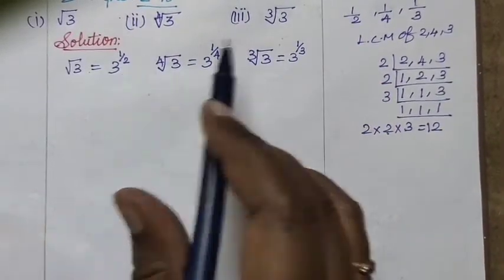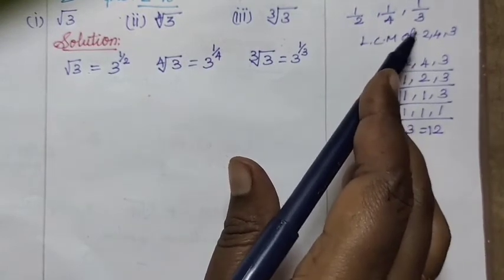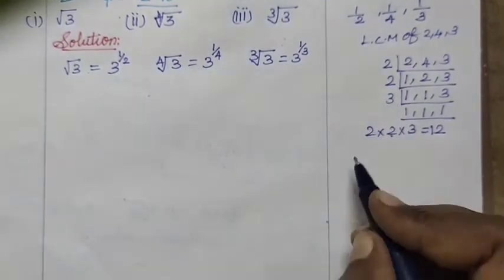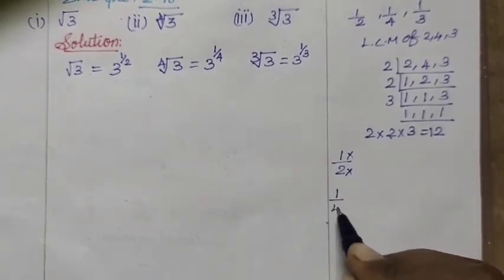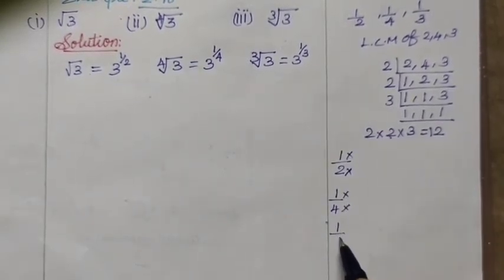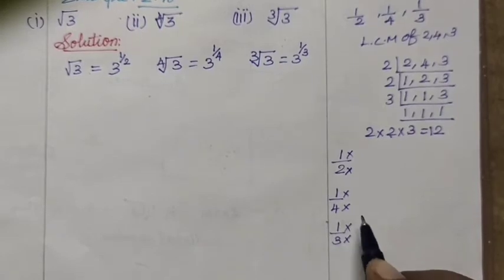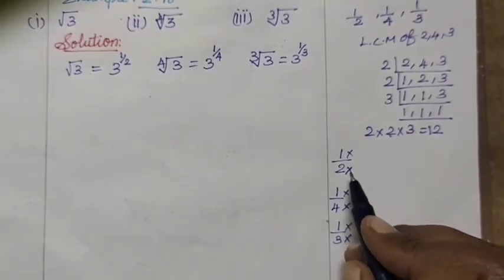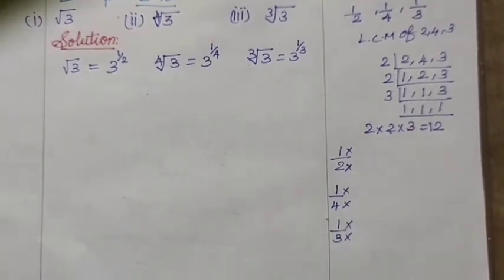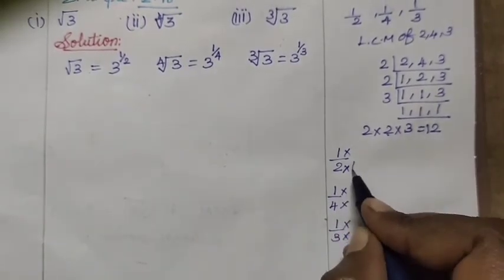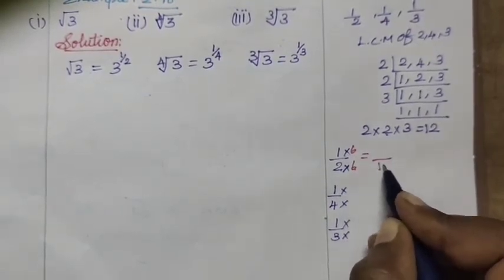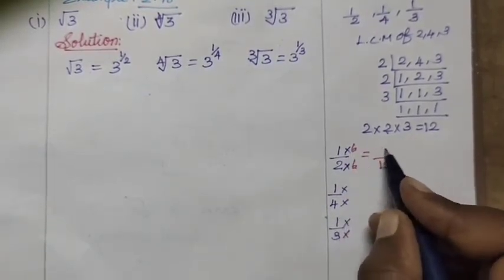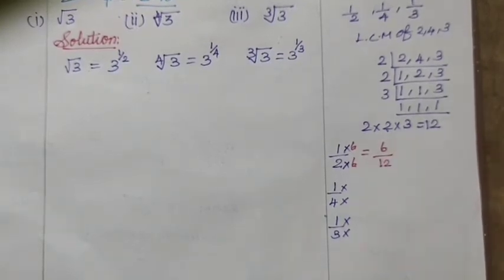You see 1 by 2, 1 by 4, 1 by 3 already we have written. If you multiply 6 to this number, you will get 6 2s are 12. 1 6 is 6.